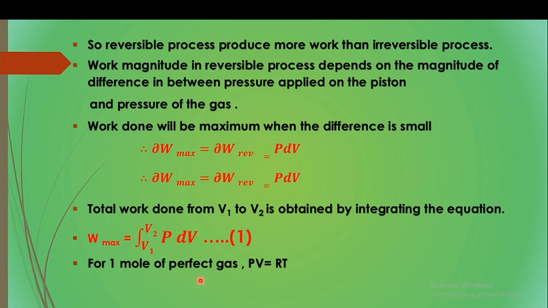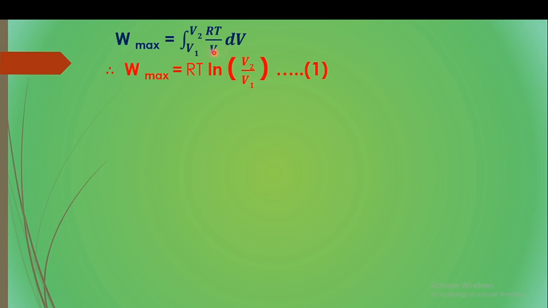For 1 mole of a perfect gas, we know the equation PV is equal to nRT, but for 1 mole it is PV equal to RT. If we rearrange this, P is equal to RT upon V. If we put this value of P, W max is equal to the integral from V1 to V2 of RT upon V into dV. R is the gas constant, which is constant, and T is the temperature, which is also constant.